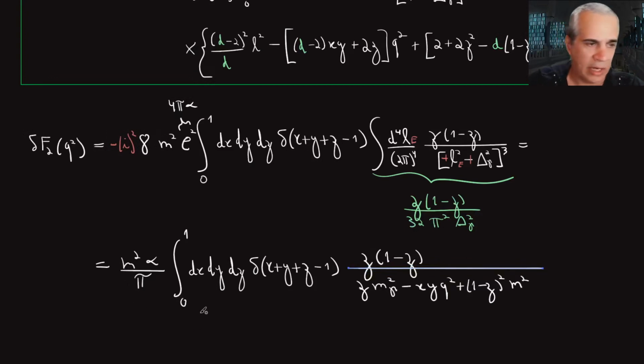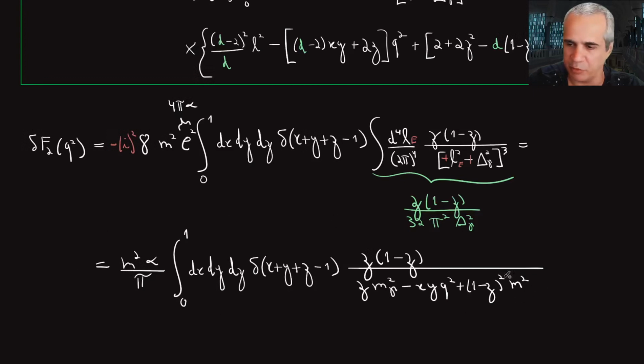Now, remember, this is the expression of delta F2 of q squared, which is the first one-loop contribution to F2. Remember, F2 of q squared was 0 at tree level, and this is the first contribution.